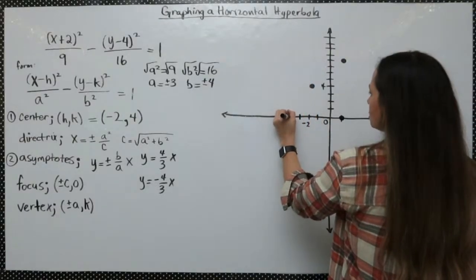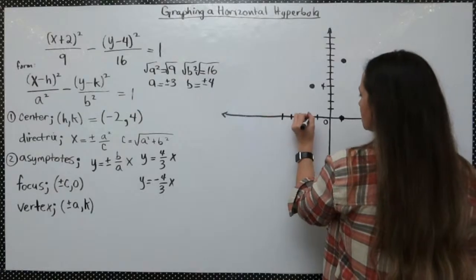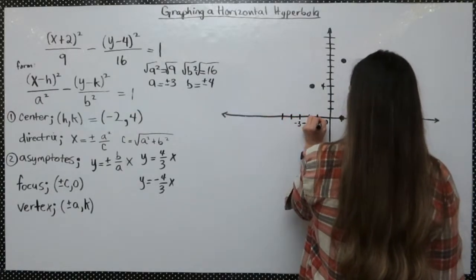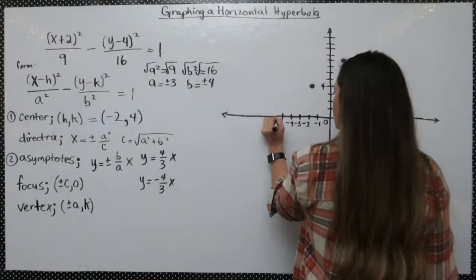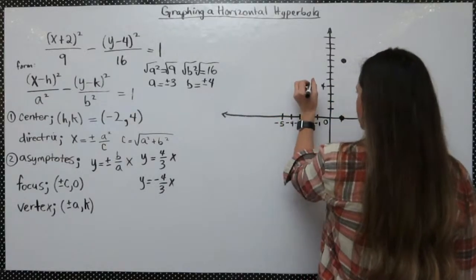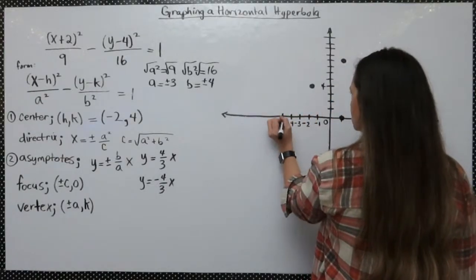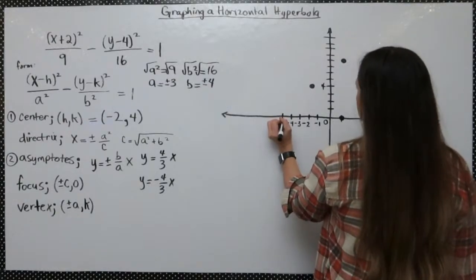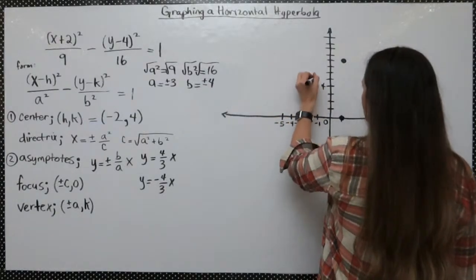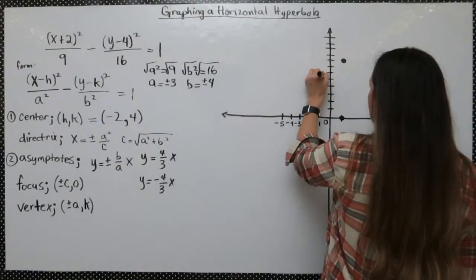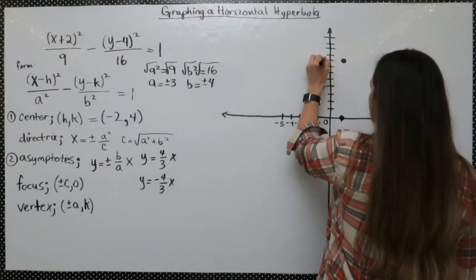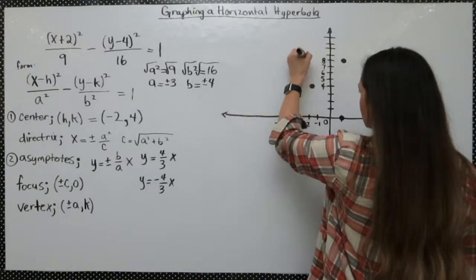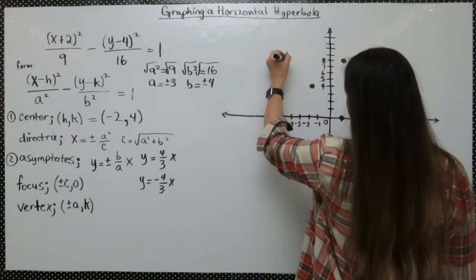And then we'll run -3. 1, 2, 3. That's gonna put me at -3. -1 from 2 is -5. So that's going to be at 8, -5.